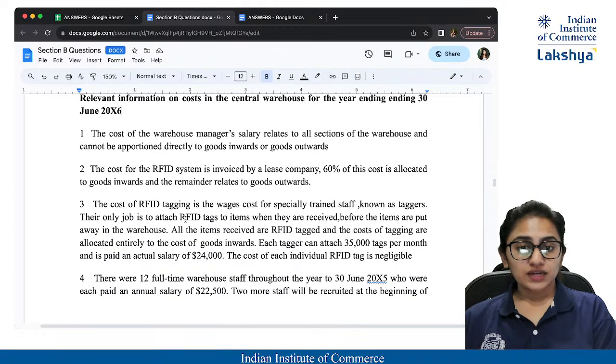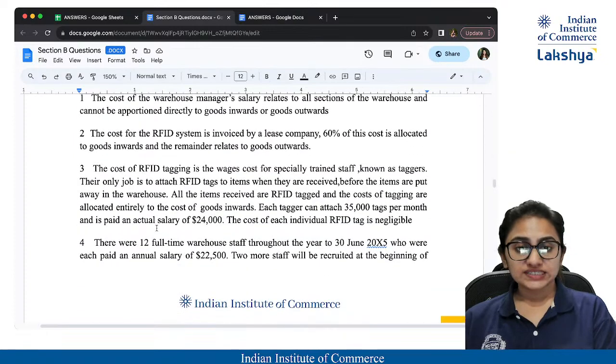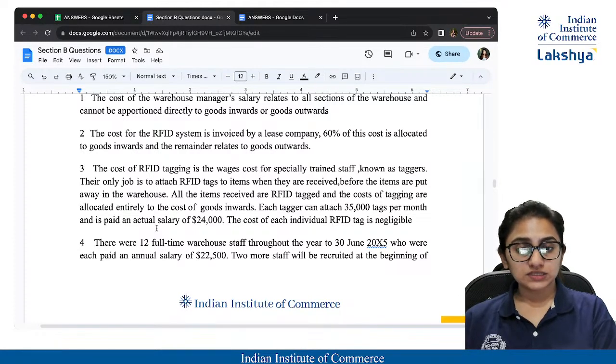Third, the cost of RFID tagging. The cost of RFID tagging is the wage cost for specially trained staff known as taggers. Their only job is to attach RFID tags to items when they are received before the items are put away in the warehouse. All the items received are RFID tagged and the cost of tagging is allocated entirely to goods inward.